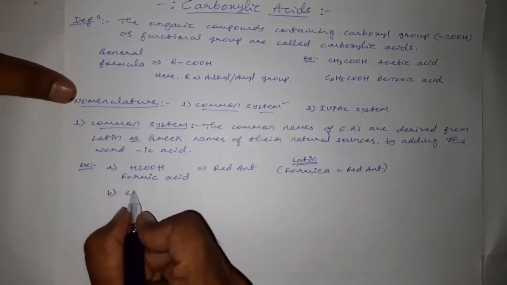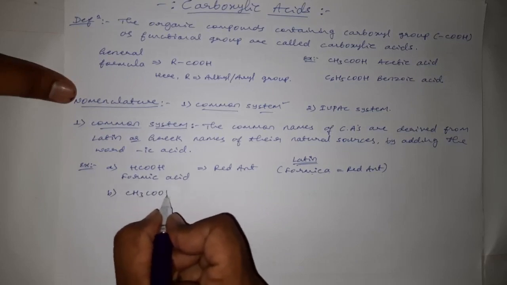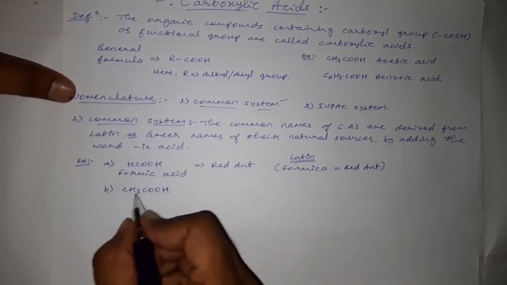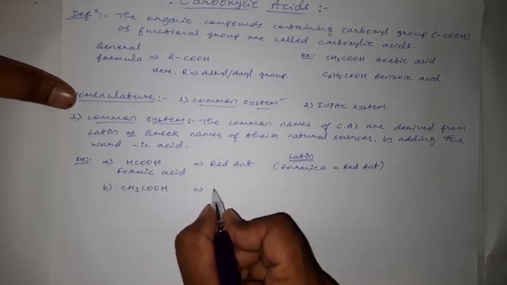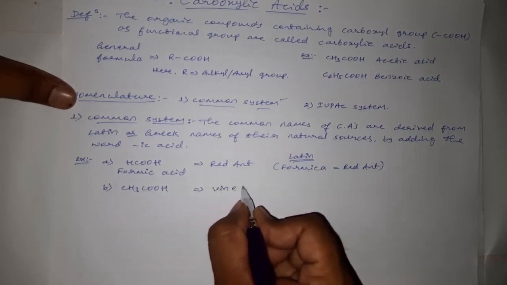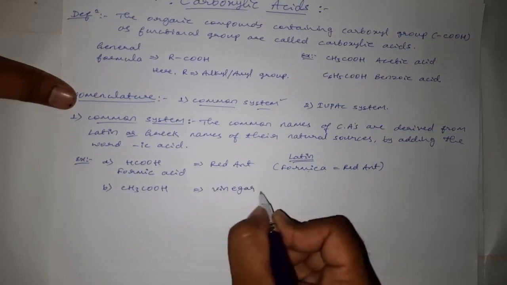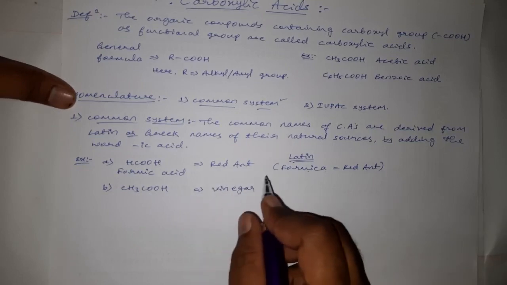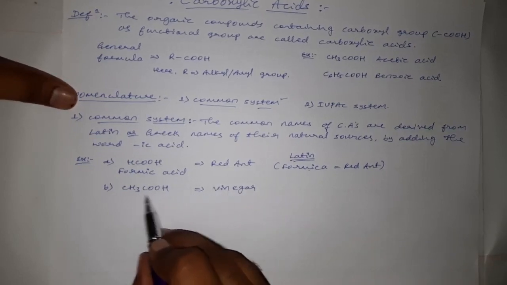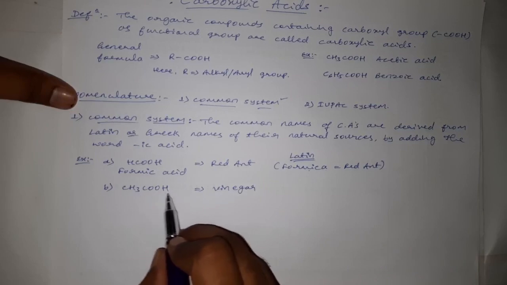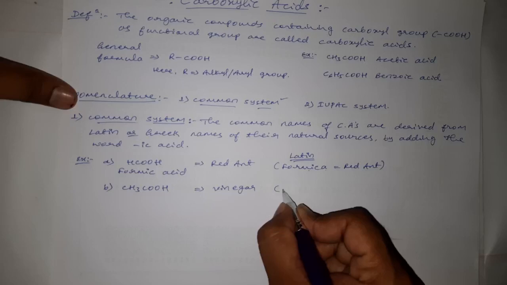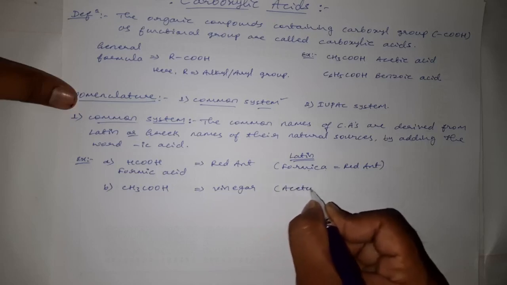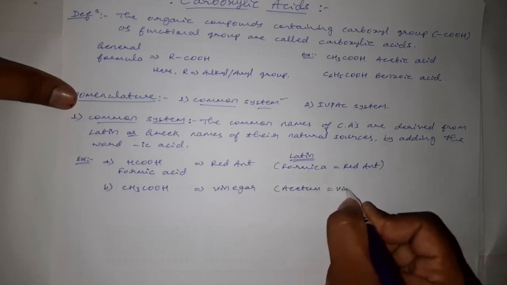Like this one, we can take CH3COOH. It is also a carboxylic acid, and it is derived from a natural source, vinegar. Vinegar is a natural source for this acid, and in Latin, acetum means what?